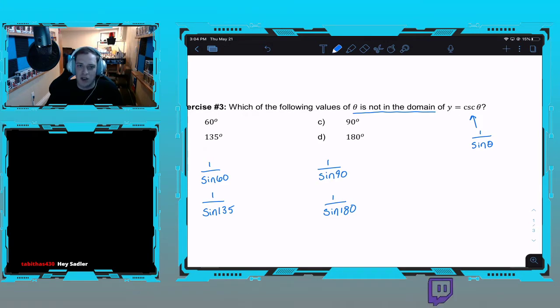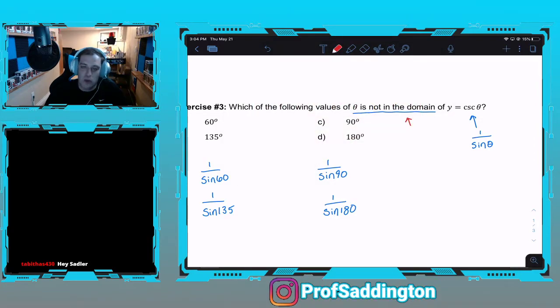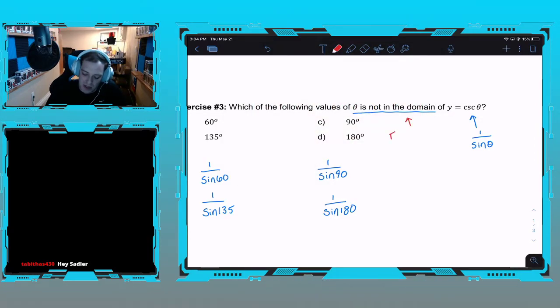I'm not going to solve anything out, but we have a fraction. And I just want you guys to recall when we used to do domain with fractions, there was something that's not allowed to happen in a fraction. And if that is the case, we have to recall that fractions cannot have 0 in the denominator.